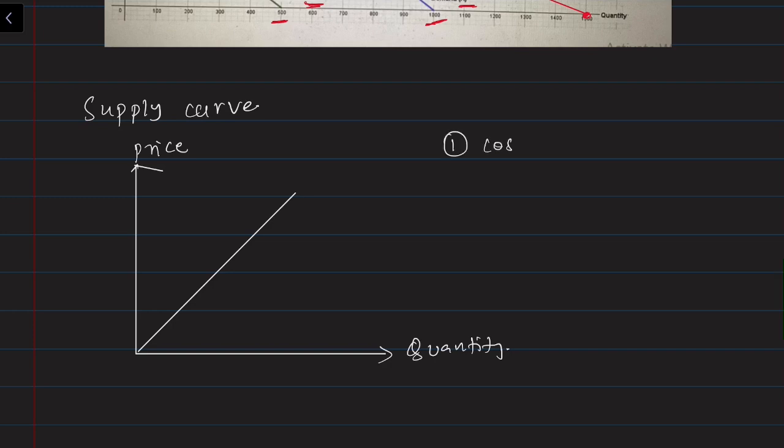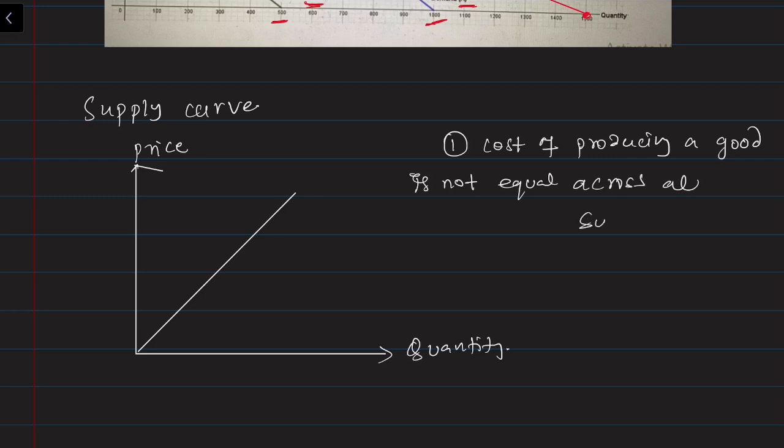The first argument is that the cost of producing a good is not equal across all suppliers. This means that at a low price, a good is produced and sold only by the low cost suppliers, and at a high price, a good is produced and sold by both the low cost suppliers and high cost suppliers.